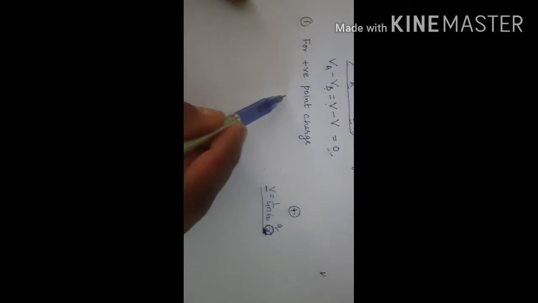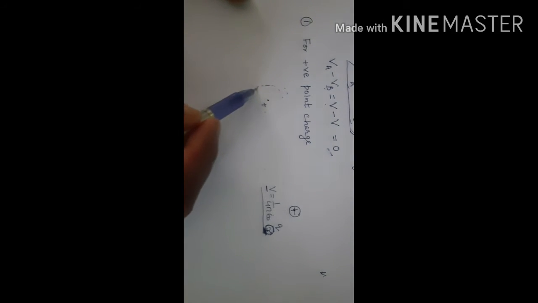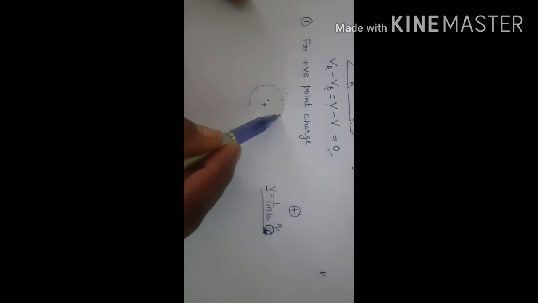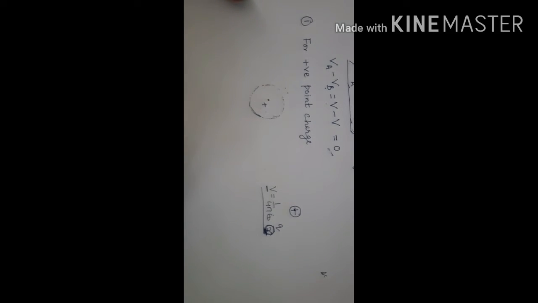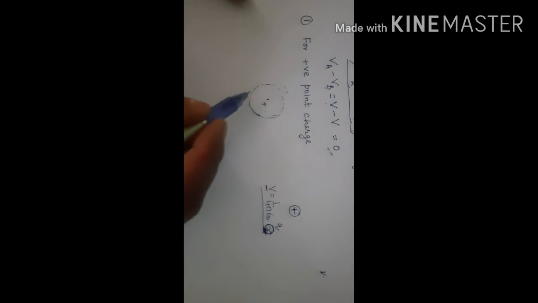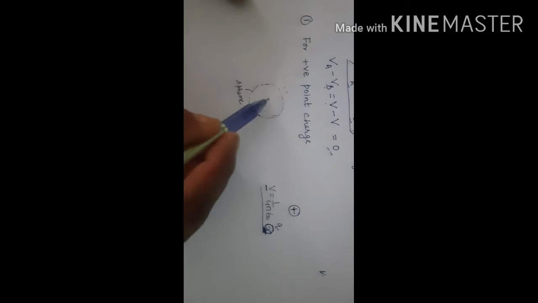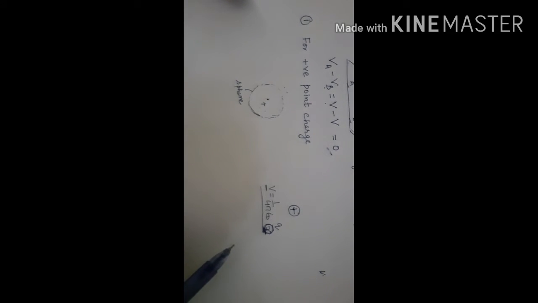If I draw a circle, or a sphere, around this charge, then each point on this surface is at equal distance, that is, R is the same.